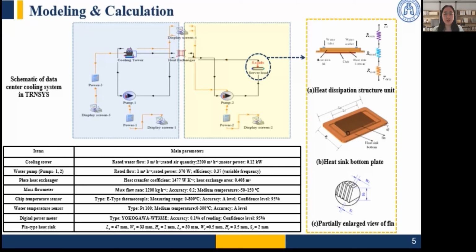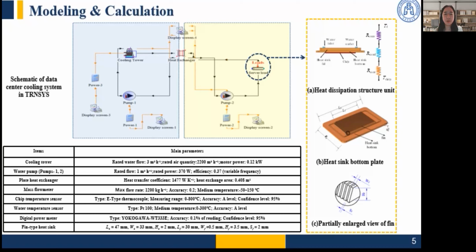The external circulation involves the primary cooling water from the cooling tower entering the heat exchanger and then returning to the cooling tower to cool down. The primary and secondary cooling water exchange heat through the plate heat exchanger.